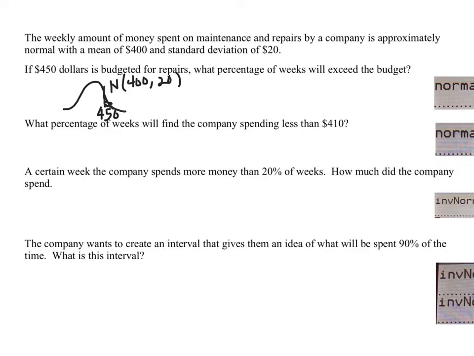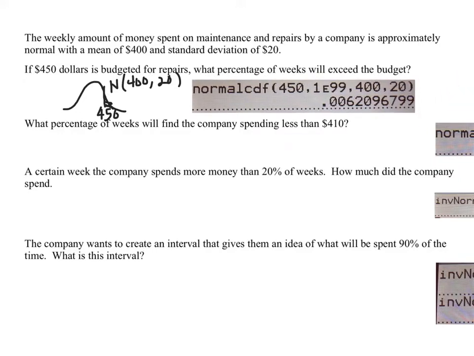And again, once you have that work, use your calculator. So I'm going to drag this in. Here's my normal CDF. You can see my lower bound was 450. The shading really helps you get your bounds. And you're going up, so 1E99. Mean, standard deviation, and there it is. So 0.62%.